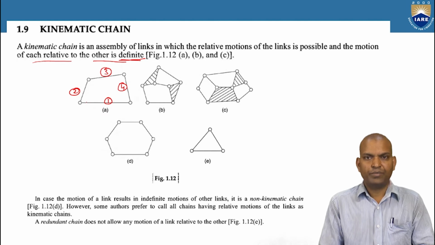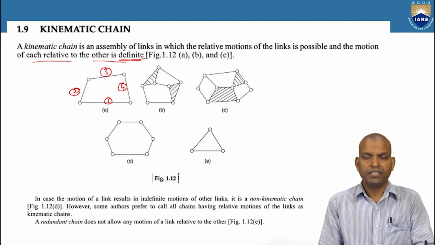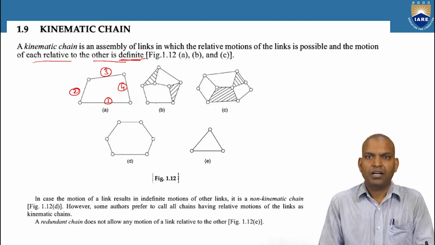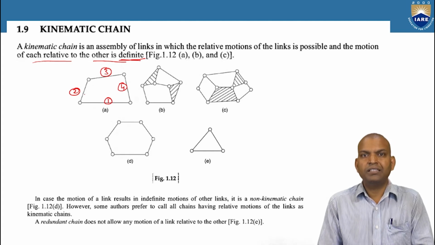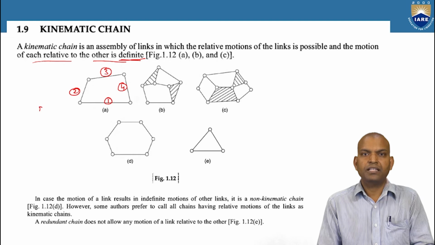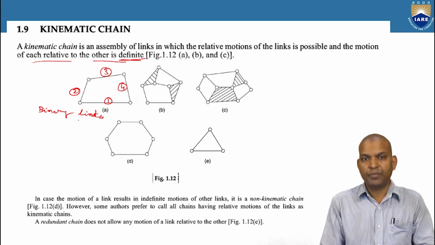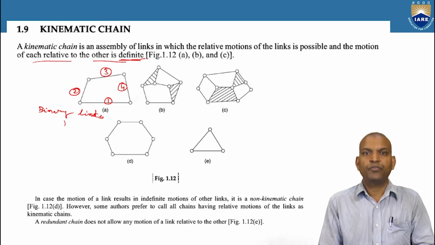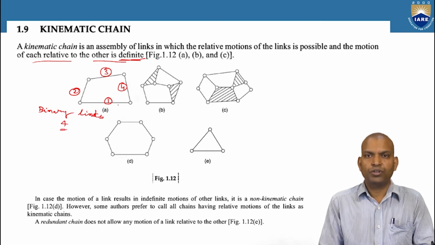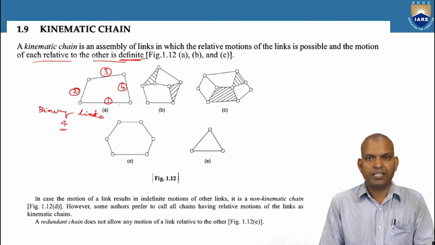This is a 4-link mechanism or 4-bar mechanism. In figure A, all links are binary links. So there are 4 binary links. How many joints are there? 4 joints, but all are binary joints.